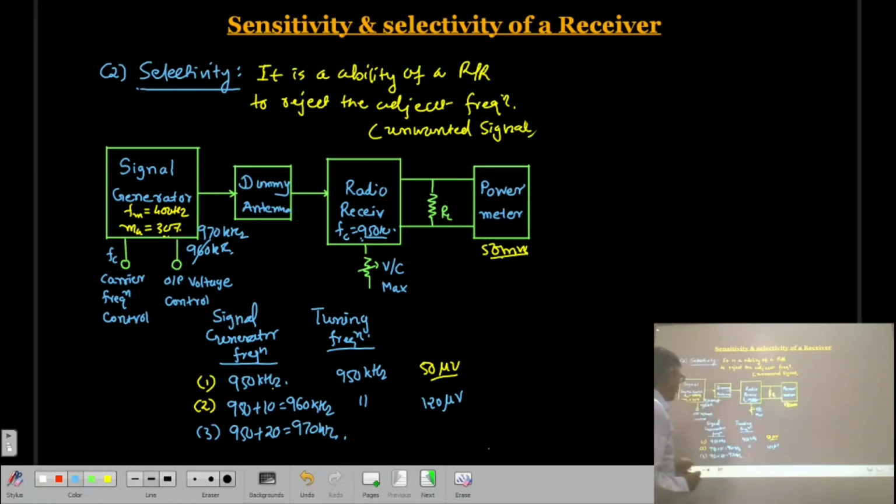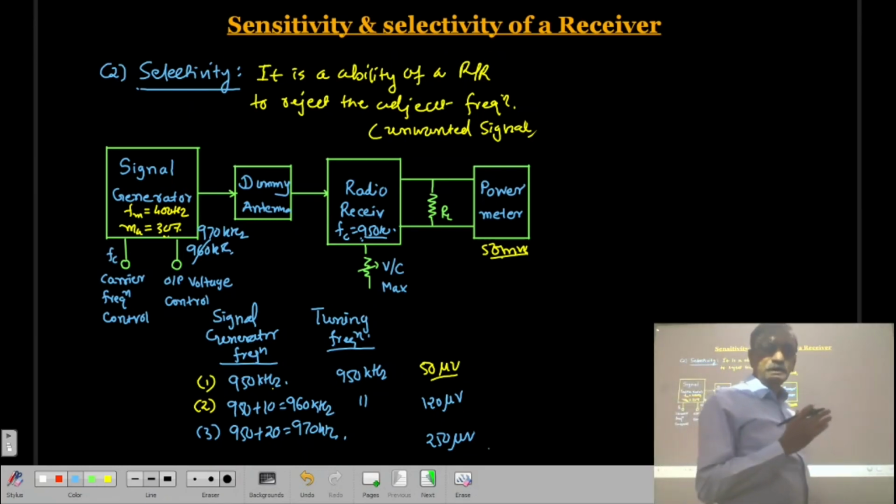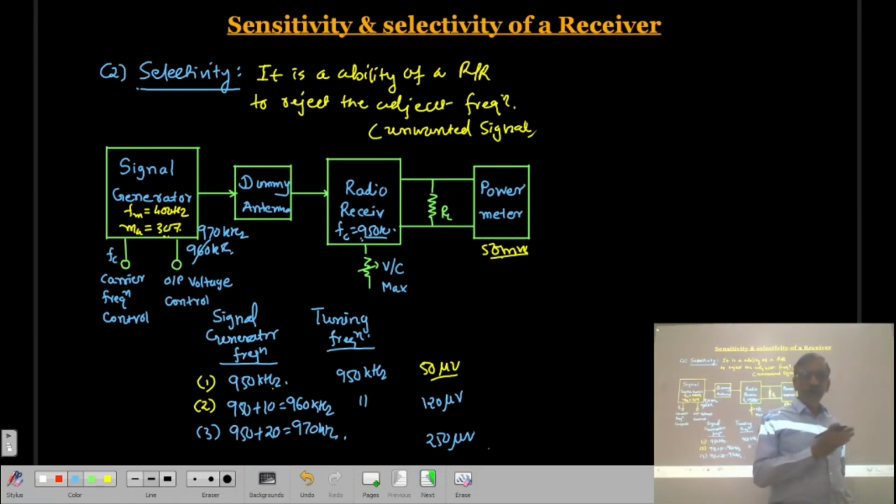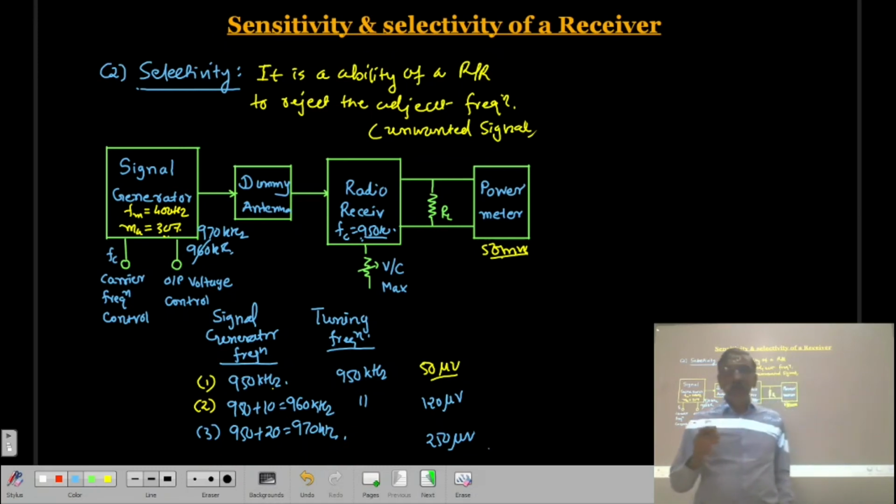So due to that you require more input signal to produce a 50 milliwatt output. Let us say in this case my radio requires 250 microvolt. It means as your signal generator is detuned from the tuning frequency, more and more input signal is required.